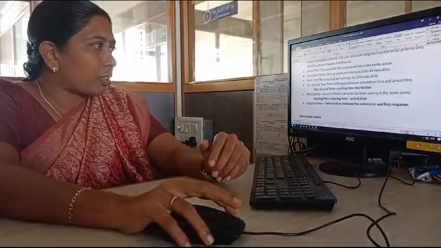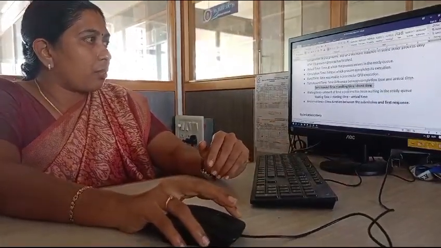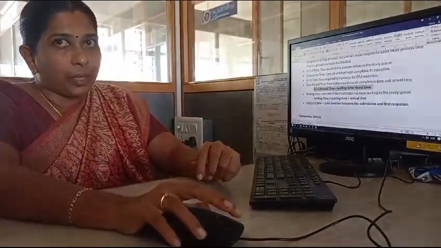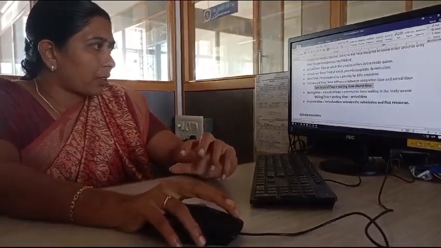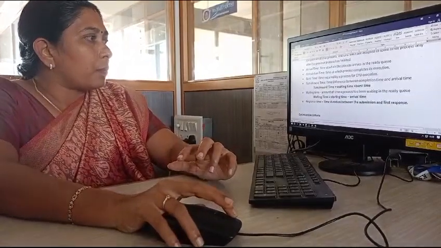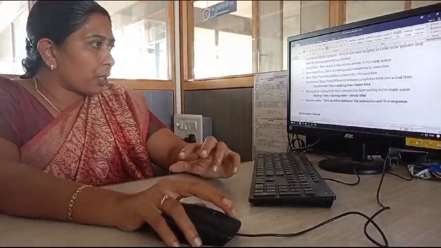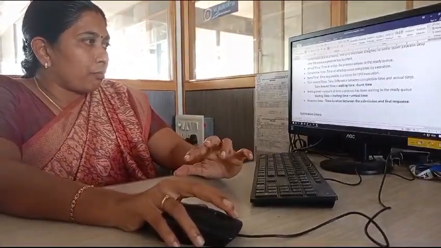In order to calculate the turnaround time, this is the formula: waiting time plus burst time. The waiting time is calculated from the starting time of that execution and the arrival time.